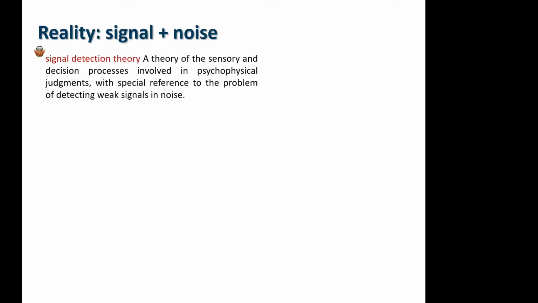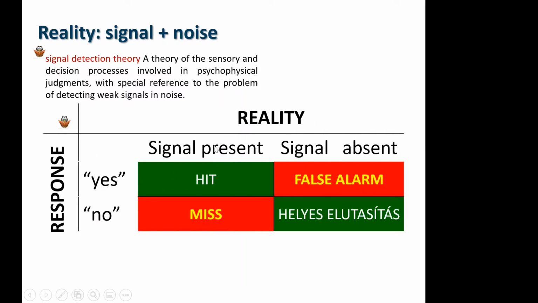Let's talk about something a little bit different, signal plus noise, because so far we have only considered the cases when you had a signal and you had a response. But in reality, it happens many times that you don't have a signal. So we have a signal absent version of the story as well.